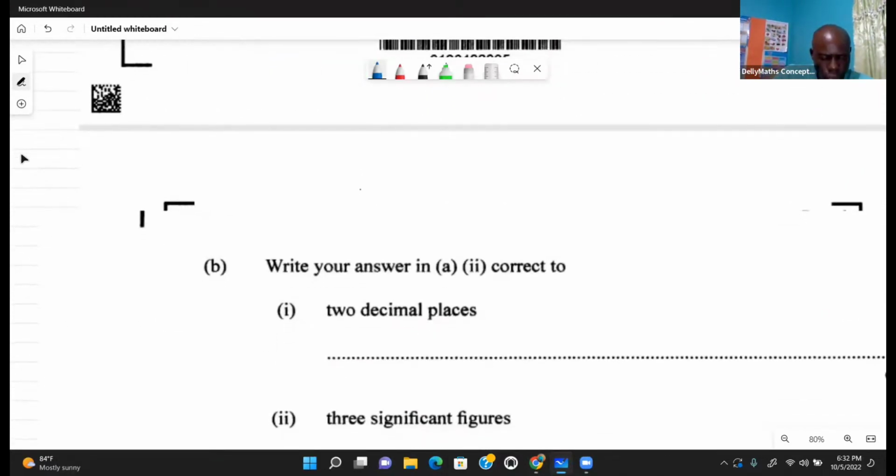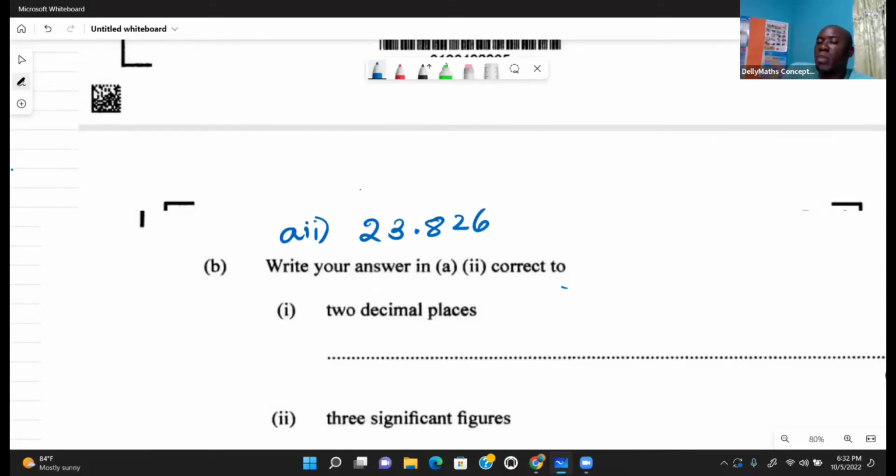Now, when you got that answer, I'm going to put it here. Let me put it on top here. It's 23.826. Then they're saying to you now, write your answer in A2. This was from A2. That was the answer from A2. Correct to 2 decimal places.